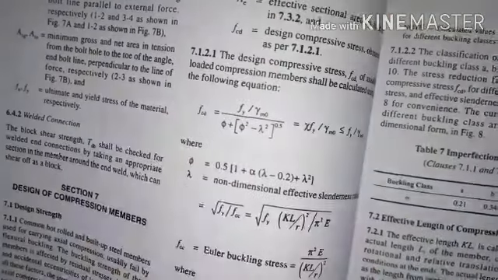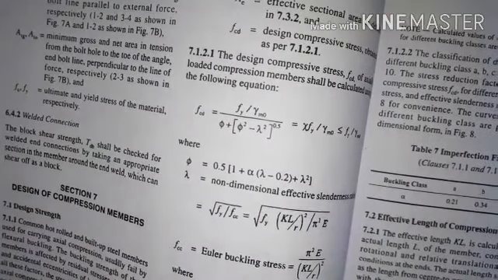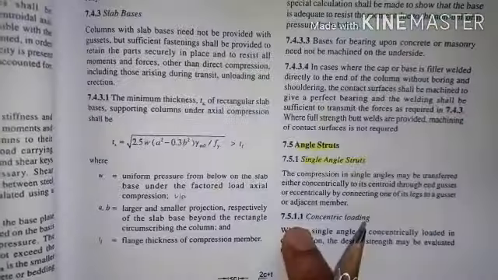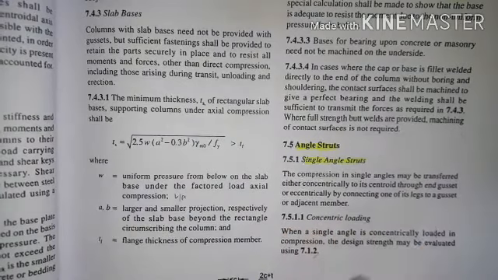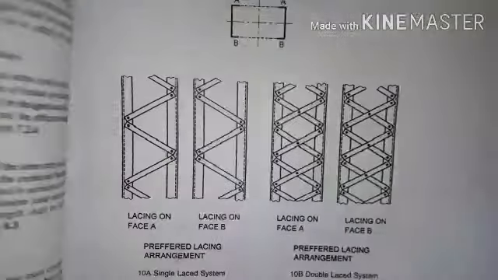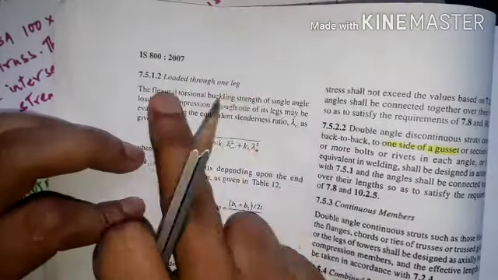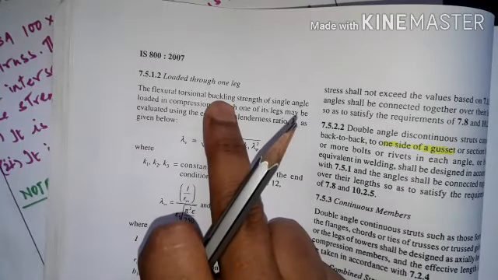If it is concentrically loaded, but single angle is not a concentrically loaded member, it is an eccentrically loaded member. So for that they have given one more clause. This is 7.5.1, that is concentric loading, and the next clause, which is again important, is loaded through one leg. Loaded through one leg means it is an eccentrically loaded member.